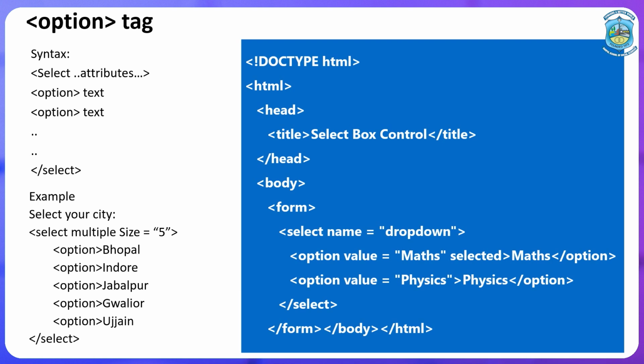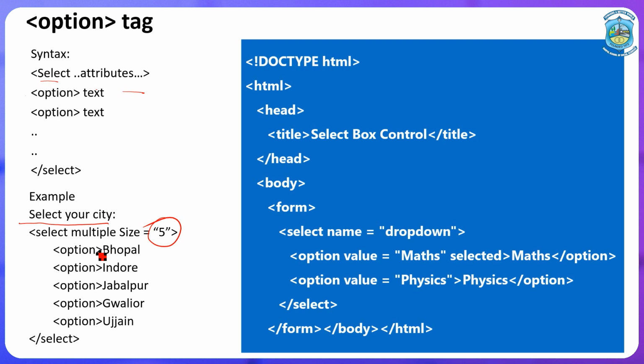This is the syntax: select and the attributes, then options. You can use n number of options depending upon the values you want to give. For example, I have given an example here, select your city, and the size of the options will be 5.